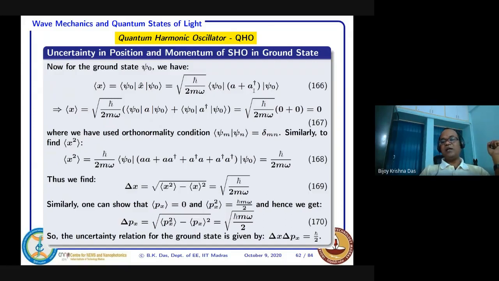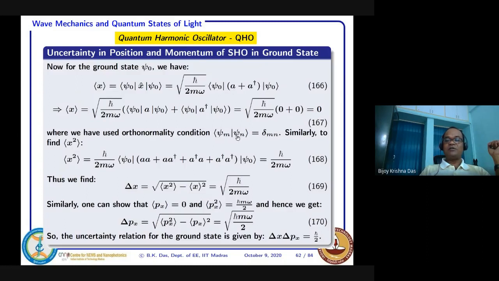Now on the right side, when you use the raising operator, what do you get? You get psi 1. What would be the value of the second term? Anyone? 0 again, because you get psi naught and psi 1, and their inner product, psi 1 and psi naught inner product, is 0.